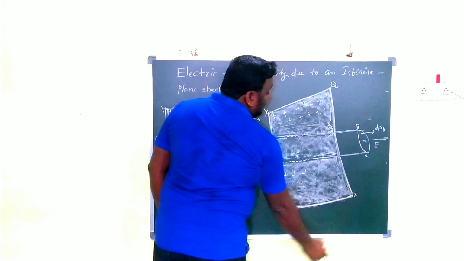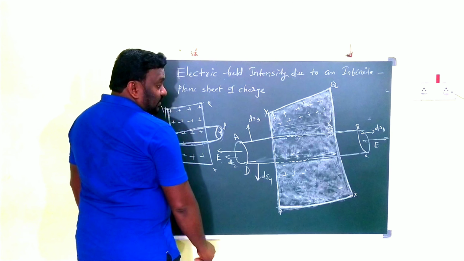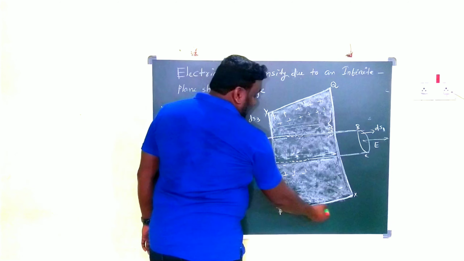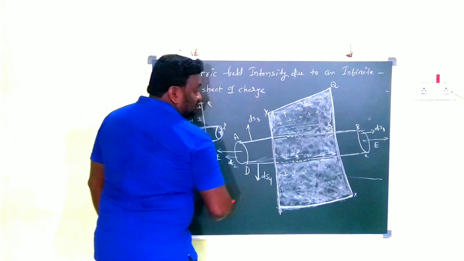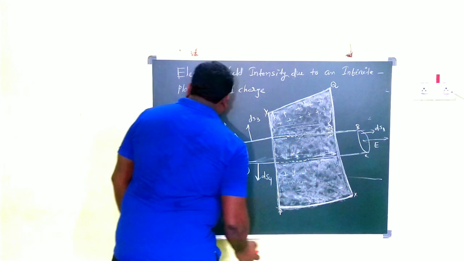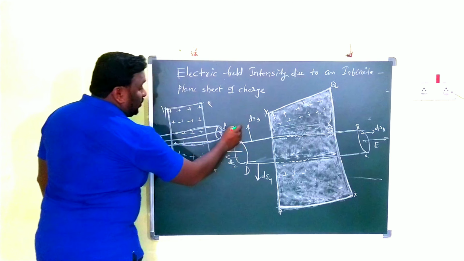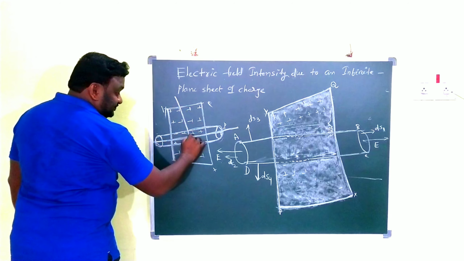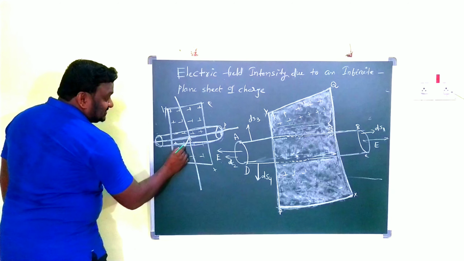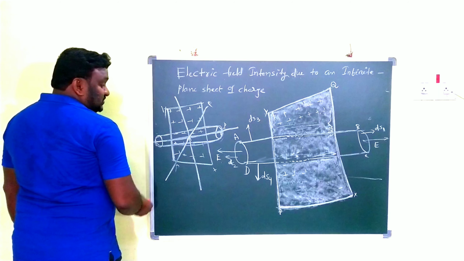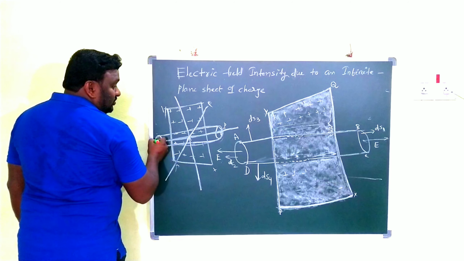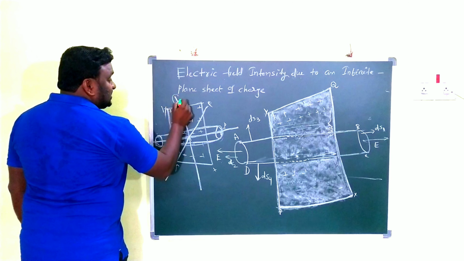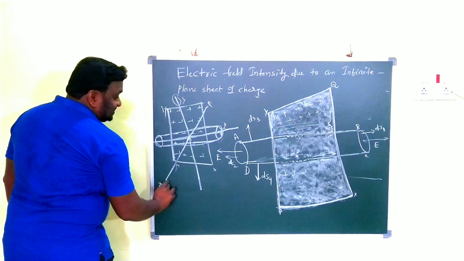Here I am taking the cylinder surface along the x-axis. If you go for three-dimensional, this is the x-axis, this is the y-axis, and this one is the z-axis. Now in this case, we are explaining the flux with respect to the x-axis only. That means there is no flux along the y-axis and z-axis.